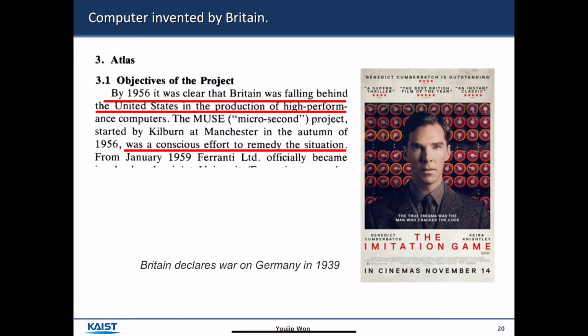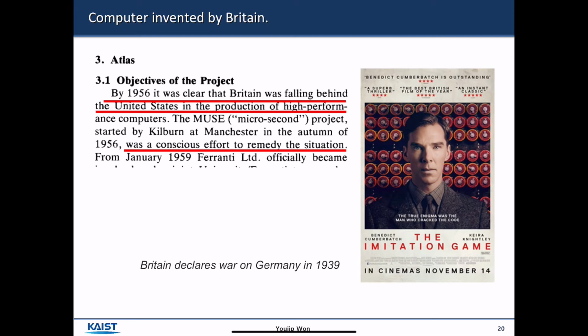This is an excerpt from the Atlas paper. At that time, there was a competition between the U.S. and Great Britain to develop the world's fastest computer. Interestingly, the paper explicitly states at the beginning that Britain was falling behind the United States in the production of high-performance computers. You have to remember that Great Britain was one of the first nations to invent the computer.